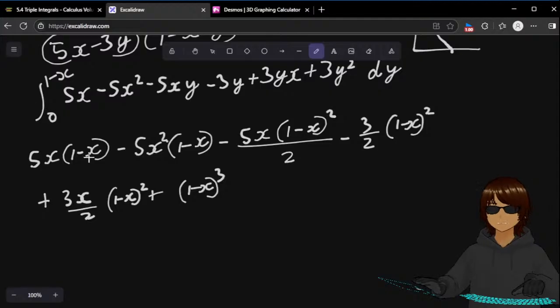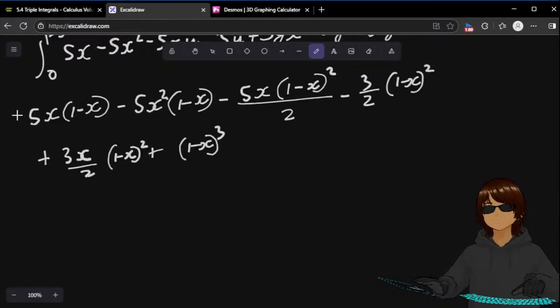Let me think. So this will introduce a y where we will plug in 1 minus x. Same here. Here y squared over 2. Plug in 1 minus x, squared over 2. And then this will cancel out with the 3. Now we integrate this from 0 to 1.